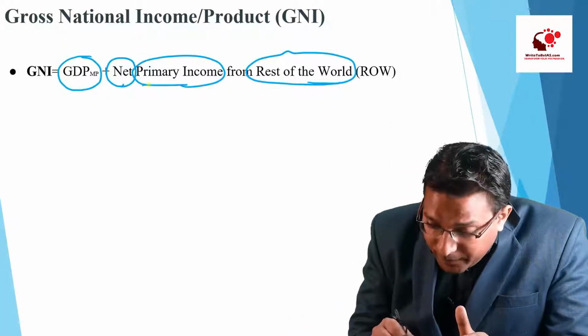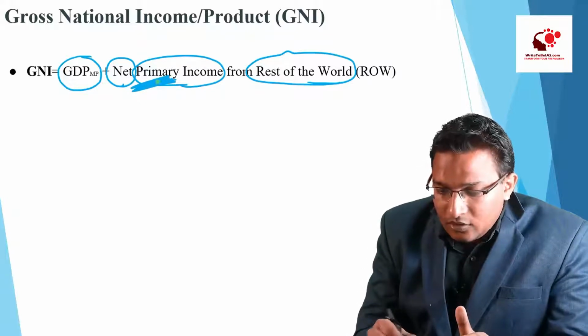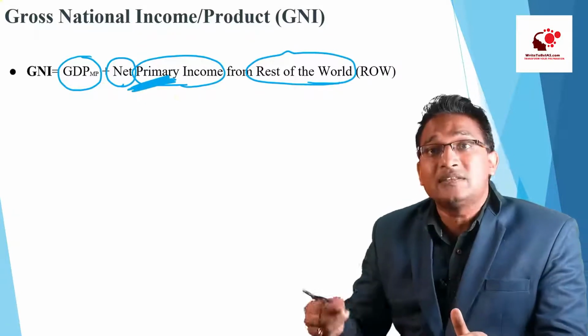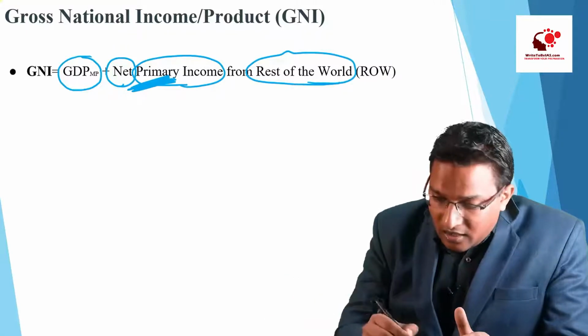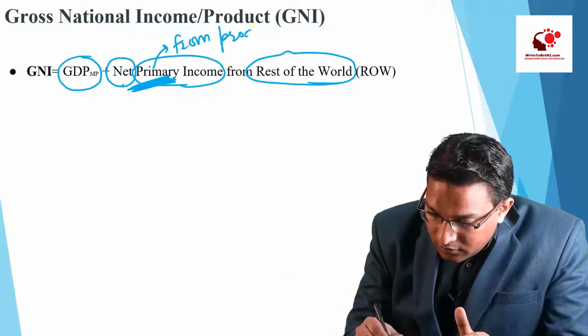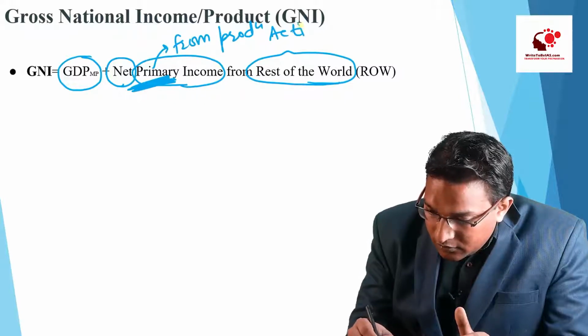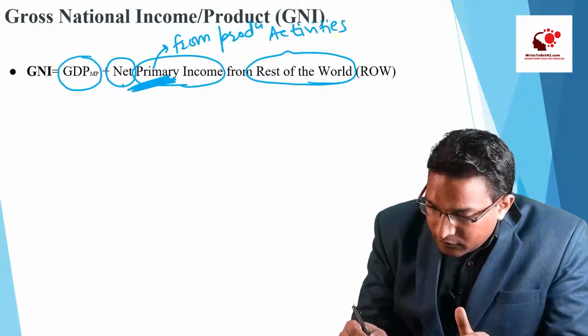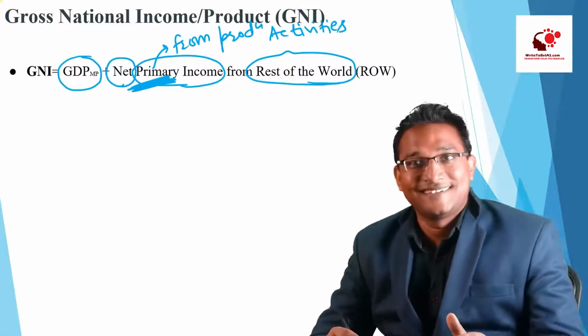Now, what is the meaning of primary income? Primary income means the income that is coming from production activities.